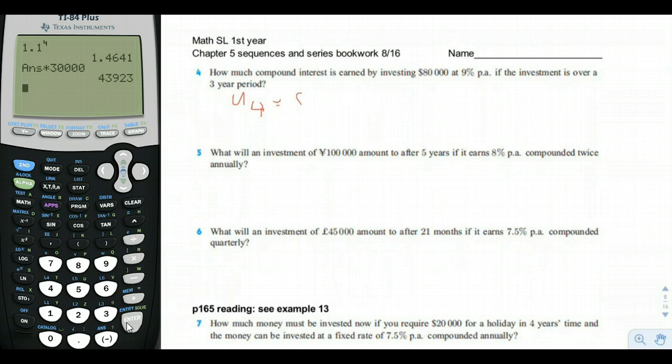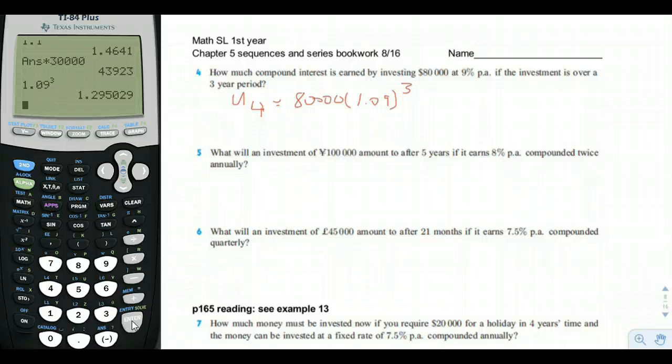U4 equals 80,000 times 1.09 to the third. 1.09 to the third times 80,000 gives 103,602.